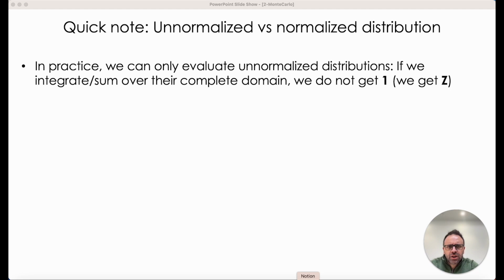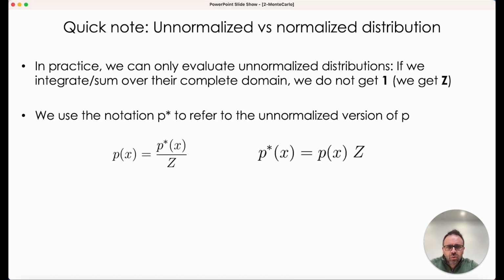One quick note, just to align on the notation we're going to be using for normalized and unnormalized distributions. In practice, in general, we can only evaluate the unnormalized distribution, meaning that computing the normalizing term Z is very expensive because we need to go over the complete domain, and that's not feasible in real case scenarios. So we will use the notation p star to refer to the unnormalized version of p.